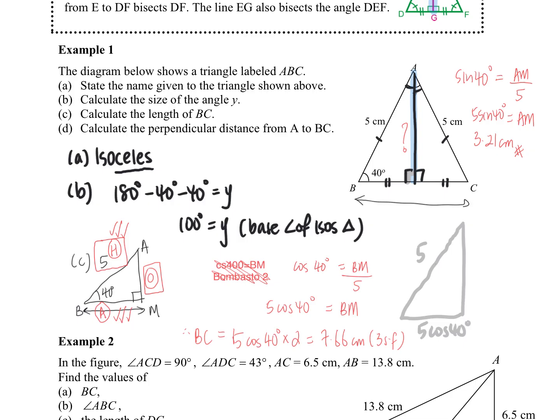But if you use the rounded off figure 7.66, then square it, subtract, and square root again, your final answer will be off from 3.21. Then you will lose the accuracy mark. So if you want to use Pythagoras theorem, please make use of the original exact number. Then you can get the answer. This is the isosceles property that is good for you to note.